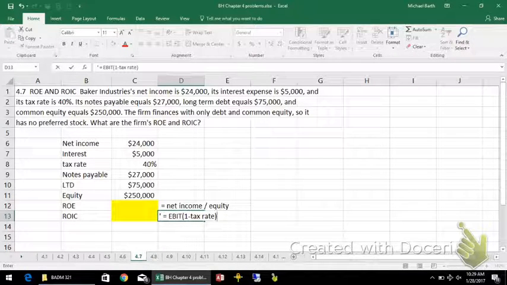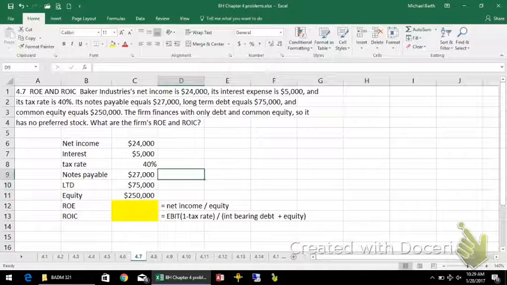That's to subtract the interest from the operating income, divided by invested capital. And in here the invested capital is interest-bearing debt plus equity.